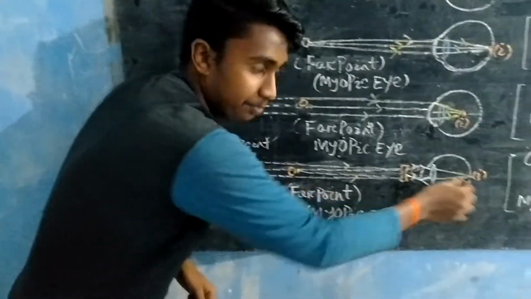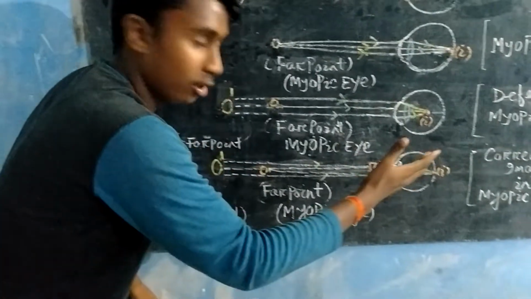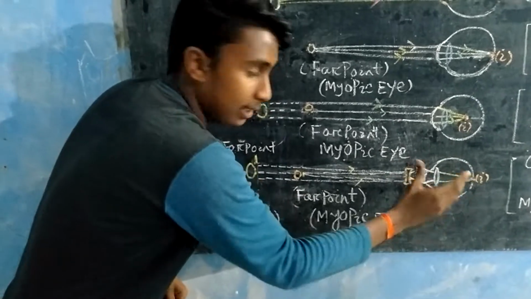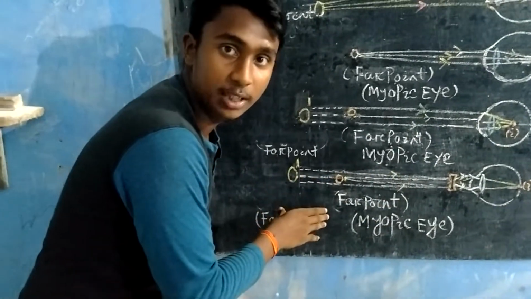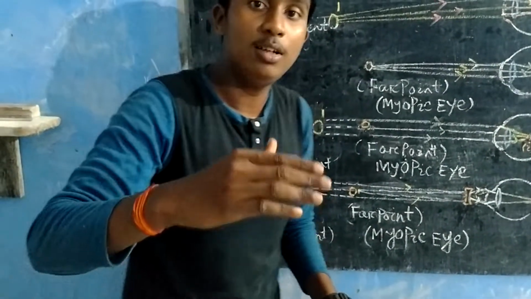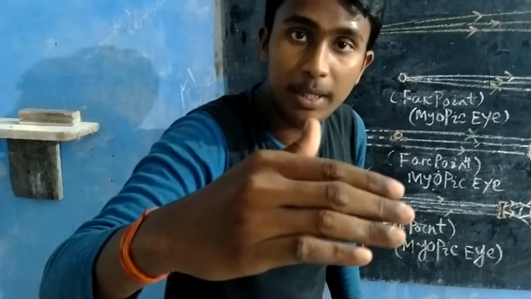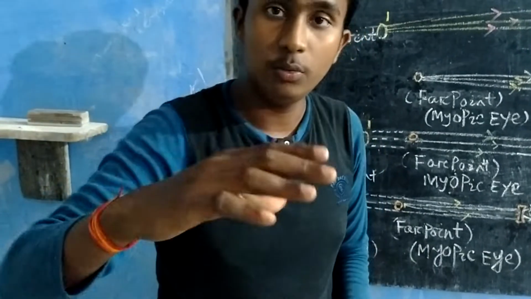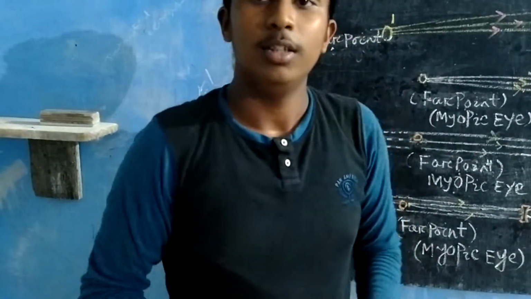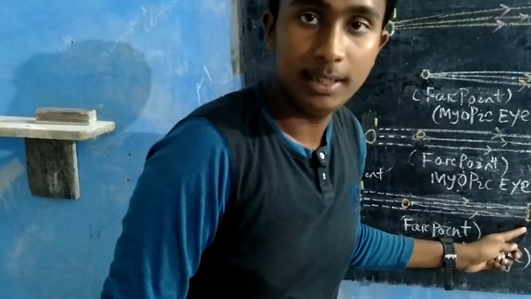Due to this reason, the person can see the distant object clearly. So the person who is suffering from myopia uses a concave lens.